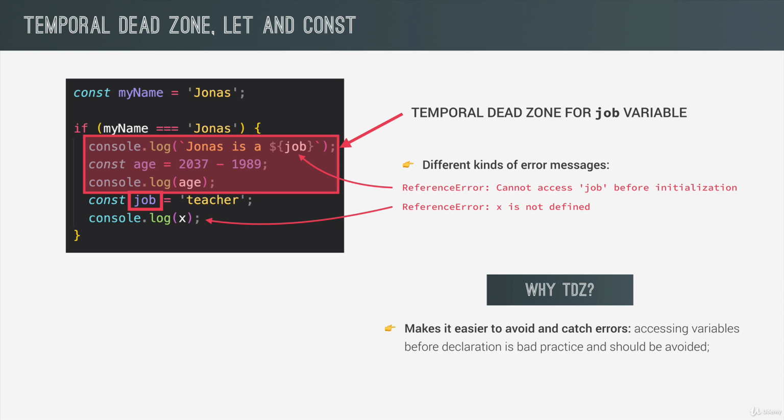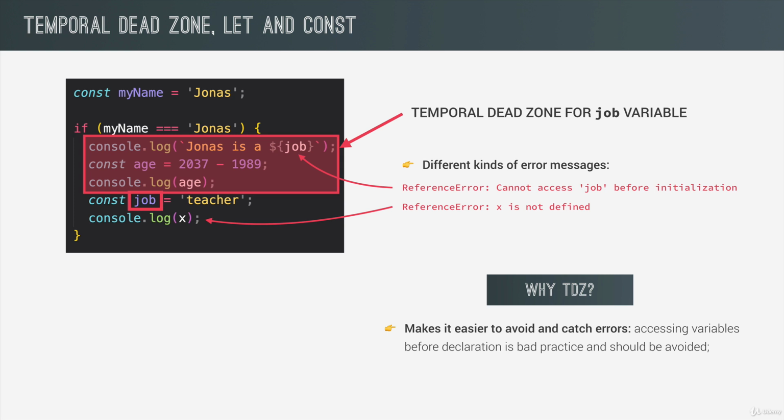And I will show you a small example in the next lecture. So accessing variables before declaration is bad practice and should be avoided. And the best way to avoid it is by simply getting an error when we attempt to do so. And that's exactly what the temporal dead zone does.